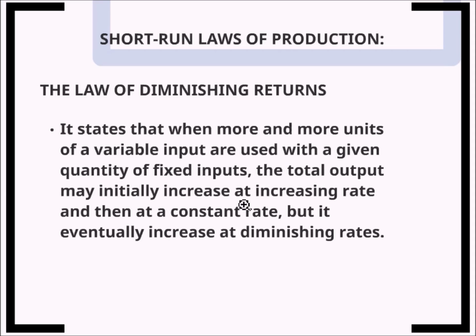When we are employing her, the total output was increasing and even at an increasing rate. And then at a constant rate, as soon as I employ Oliver, the rate has become constant, but it will eventually increase at a diminishing rate. And as soon as I employ Katie, the marginal productivity has started going down. So this was the law of diminishing returns.